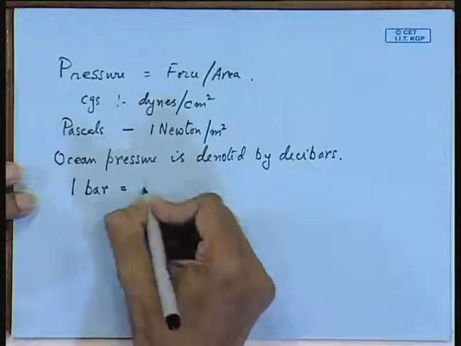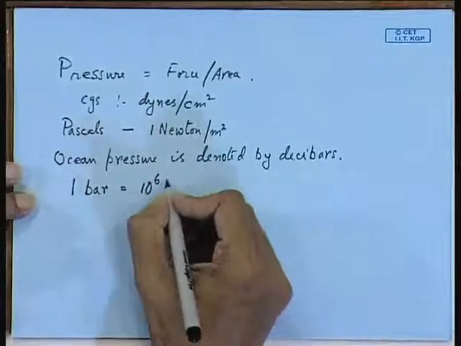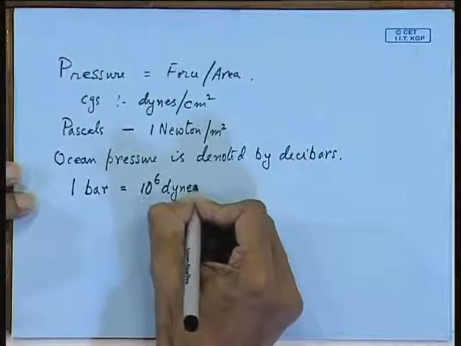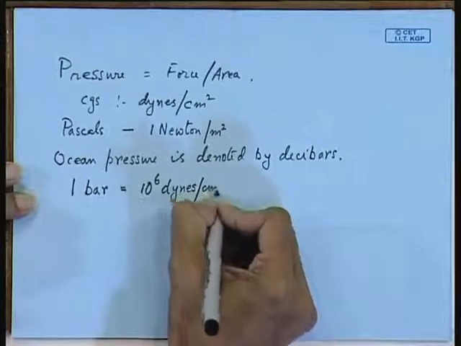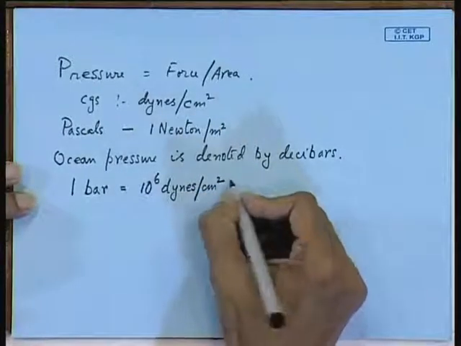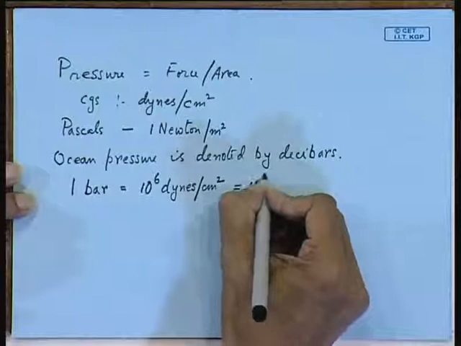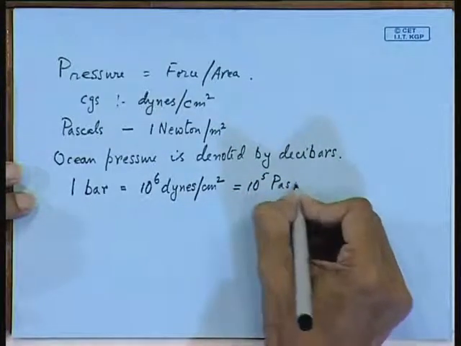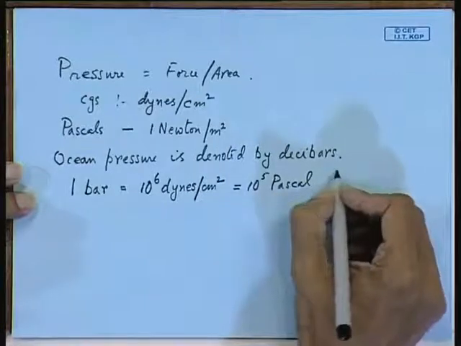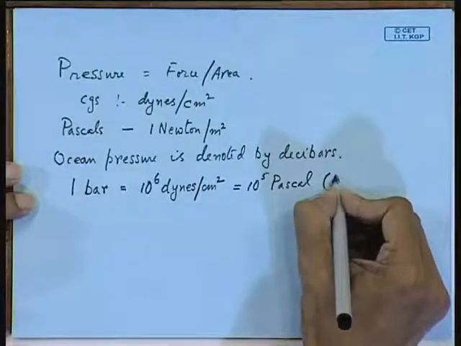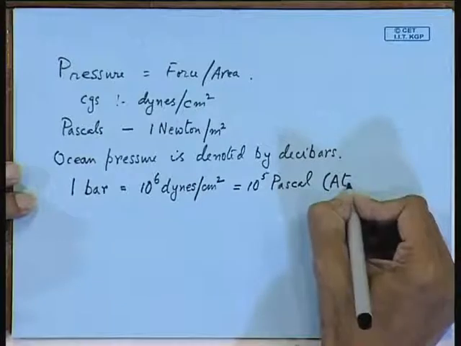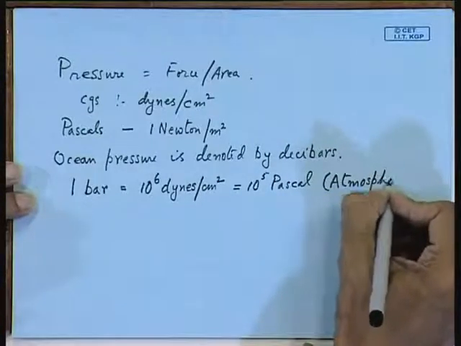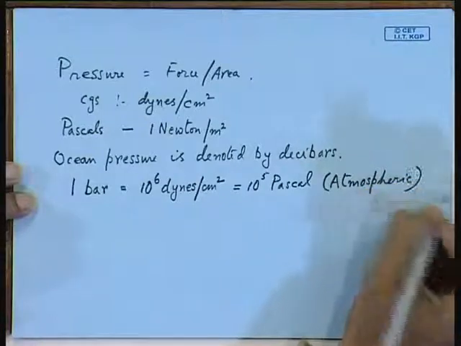This is equal to 10 to the power 6 dynes per centimeter square. This is 10 to the power 5 pascals if you work out the numerics, and this is your atmospheric pressure.